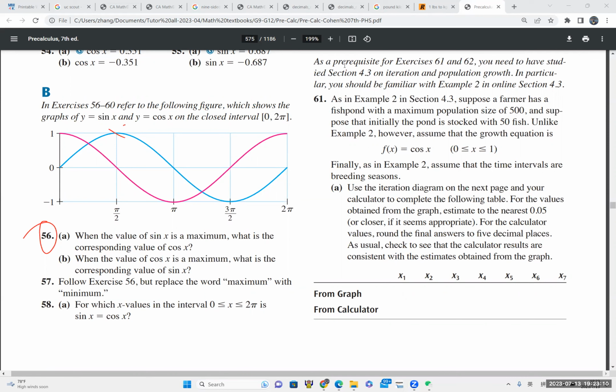Max value happens here, when x is equal to half pi. Here the cosine is just 0, right? Then B, when the value of cosine x is a maximum, that means when the angle is 0, right? Then sine is also 0.